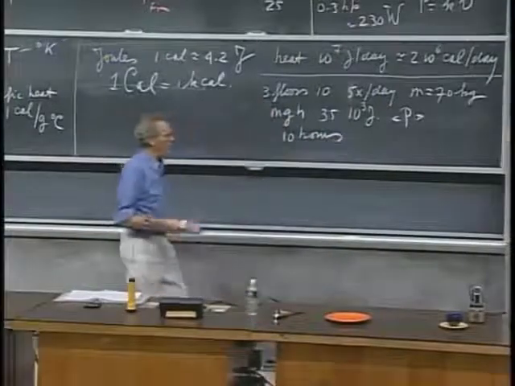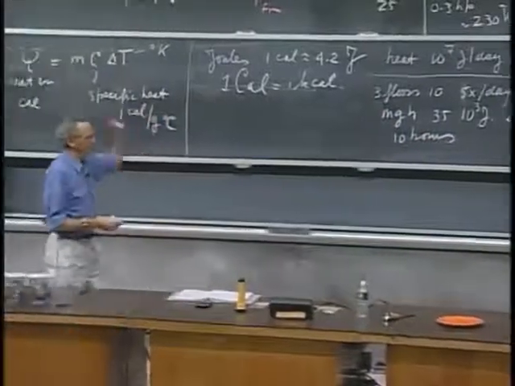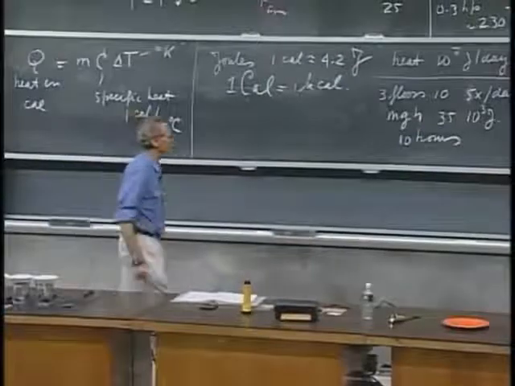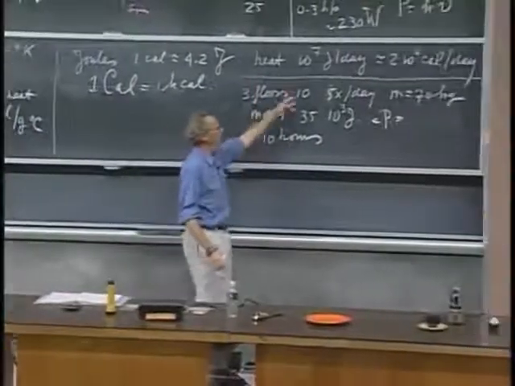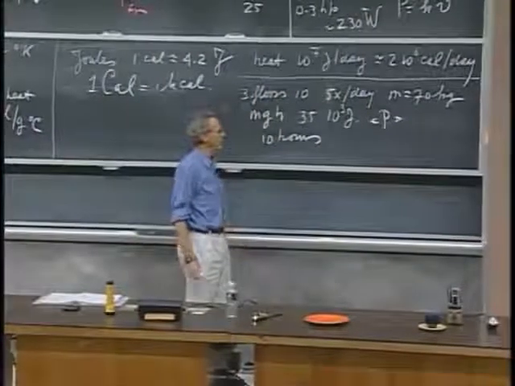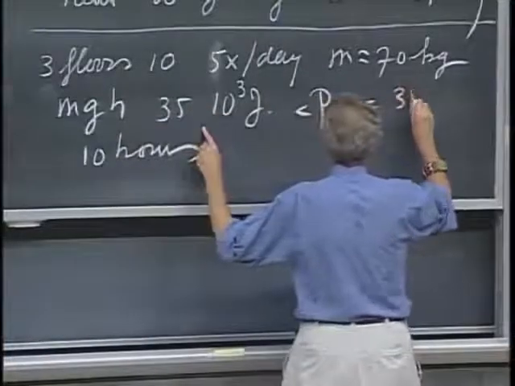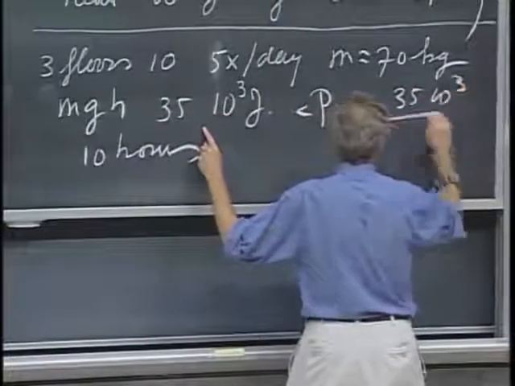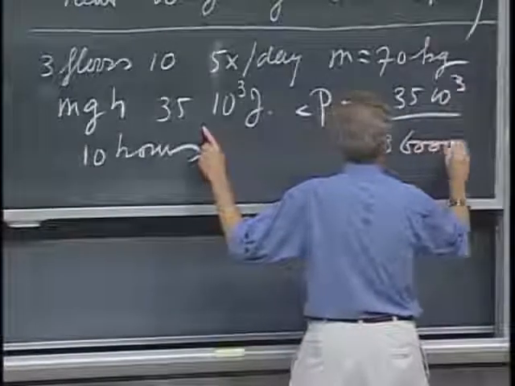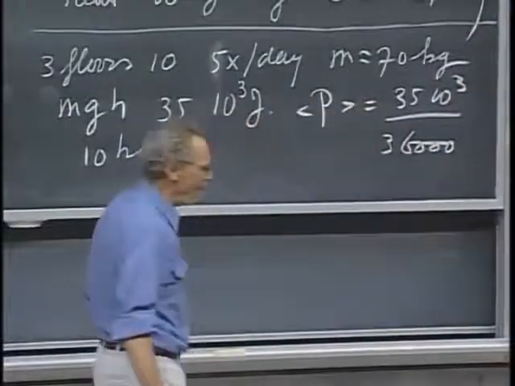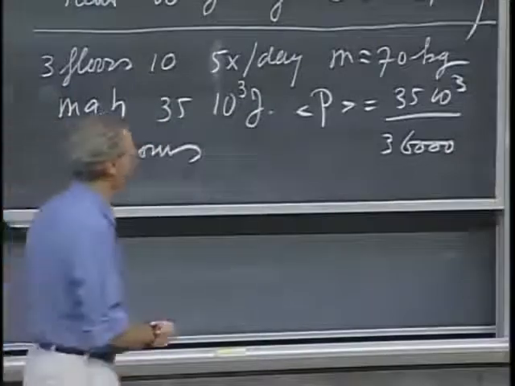You go once up in the morning, sometime in the afternoon, and maybe twice in the evening. It takes you 10 hours to go 5 times up these 3 floors. Then the average power that you have generated is 35,000 joules divided by 36,000 seconds. That is embarrassingly little. That's about 1 watt.